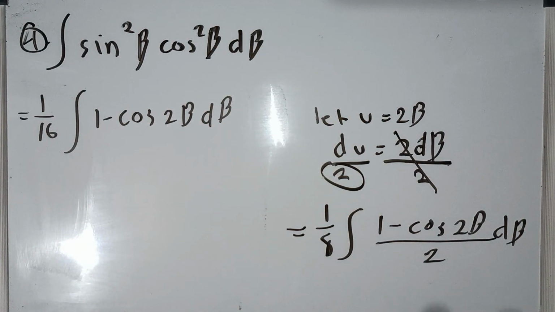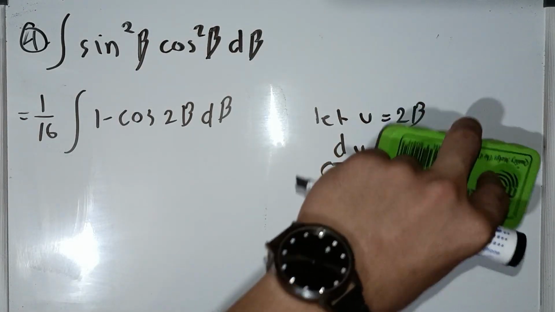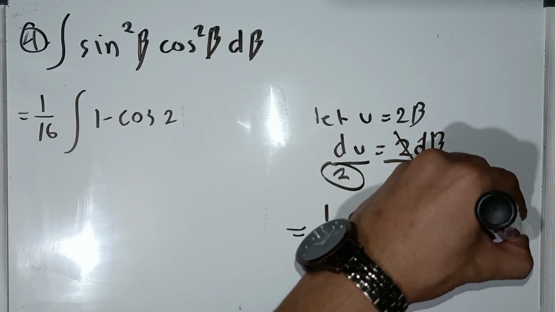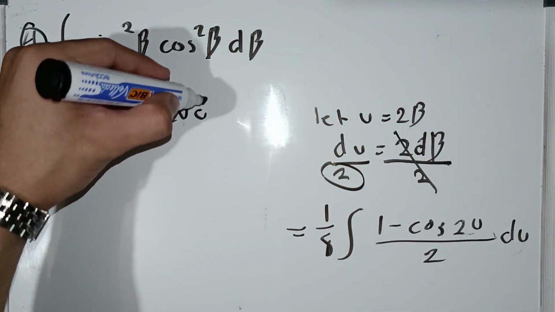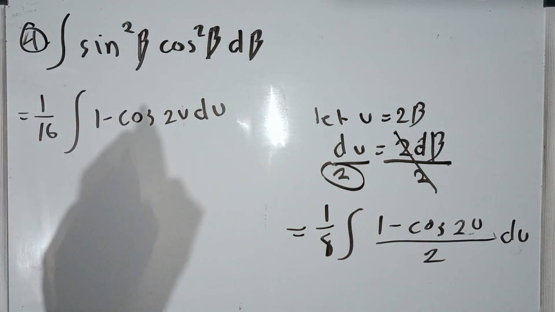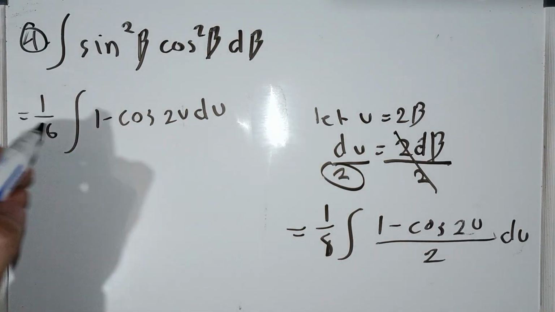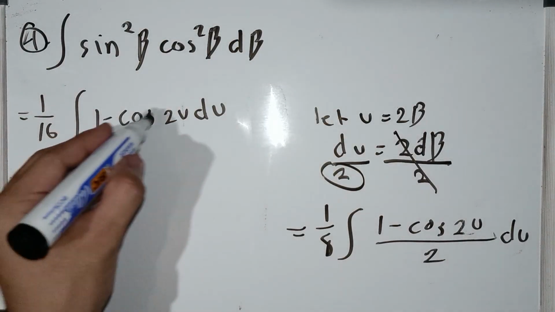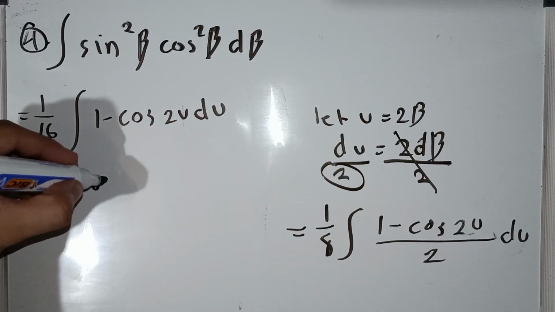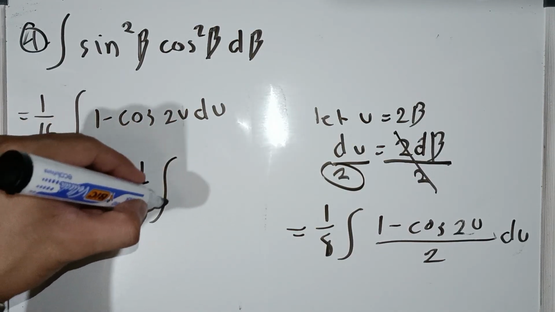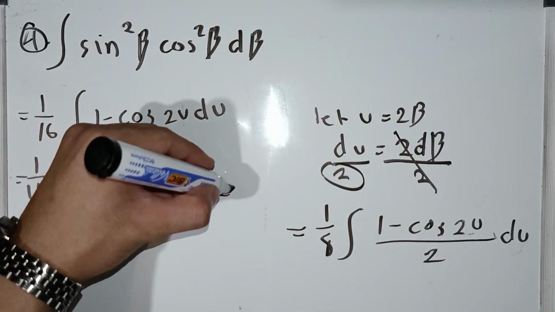We use the u here, so let's remove this one, so 2u du. Now we can simplify this by distributing our constant value into here, so 1 over 16 the integral of 1 is du, minus 1 over 16 the integral of cosine 2u du.